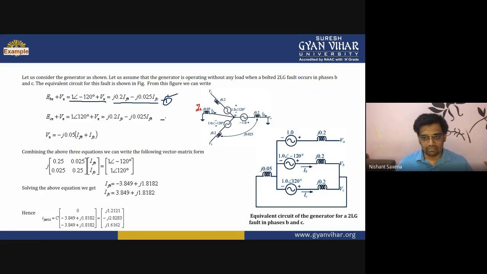Similarly, I can write it for phase C, and we know that for the neutral it will be like this. I am assuming it as equation number 3. Now combining the above three equations, I can write in vector matrix form the IFB, IFC and the voltage equations in this way.